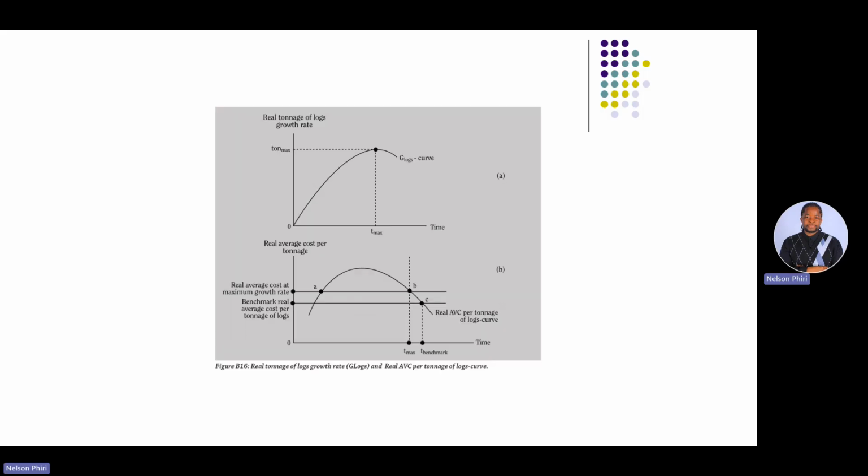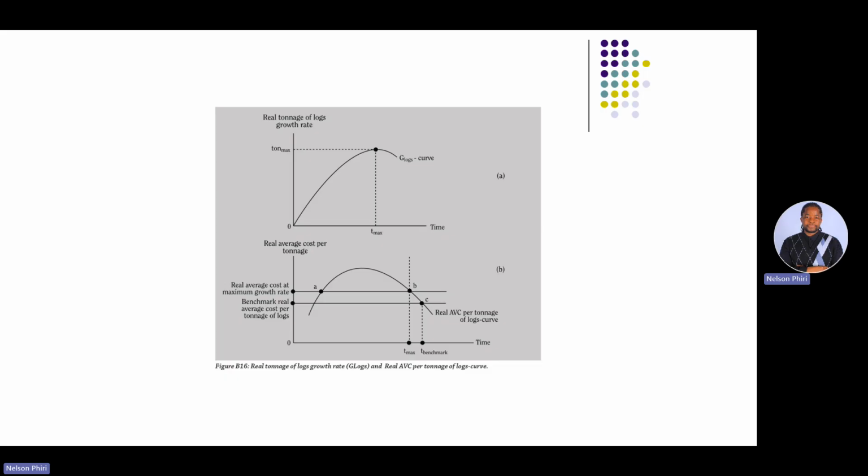All right, let's go on to the next section where we want to look at natural resources as inputs in your production process. This diagram is showing us a situation where we have a plantation and we decide we want to utilize extra units in our plantation.